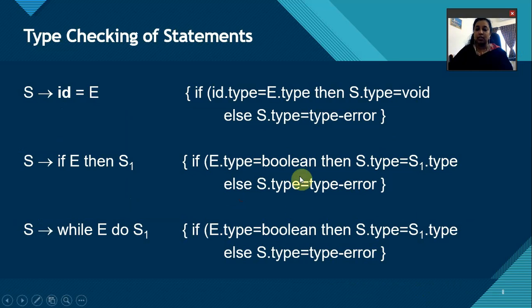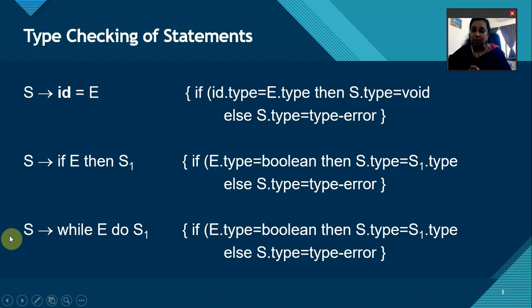Now similarly, we go in for the while condition. While again has a conditional statement. We can say while A less than B, you do the set of statements repeatedly. So every time you check whether it is of Boolean data type. If it is of Boolean data type, then S1's type is assigned here.